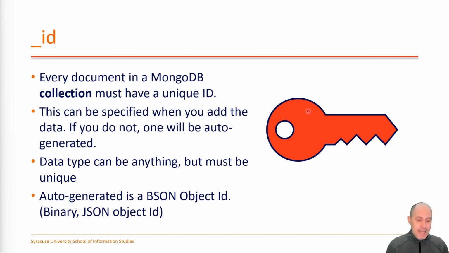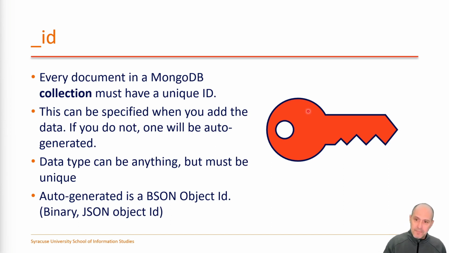Okay. The last thing I'll mention is you cannot take some column that you have in your document, like license plate or student email, and make that the ID. You must explicitly take the value that you want to be the ID and assign it to the attribute underscore ID. That's the way it works.